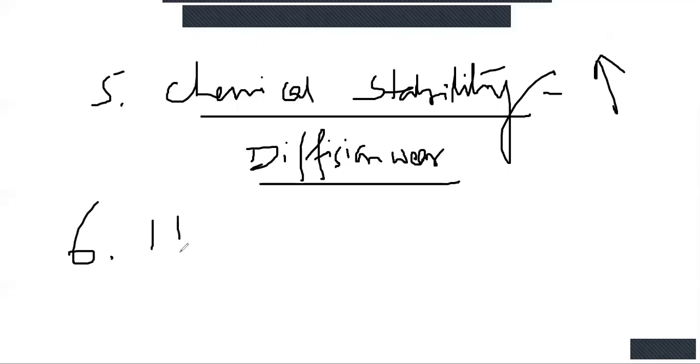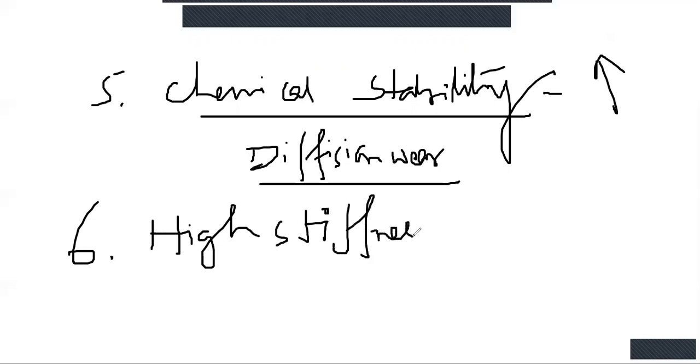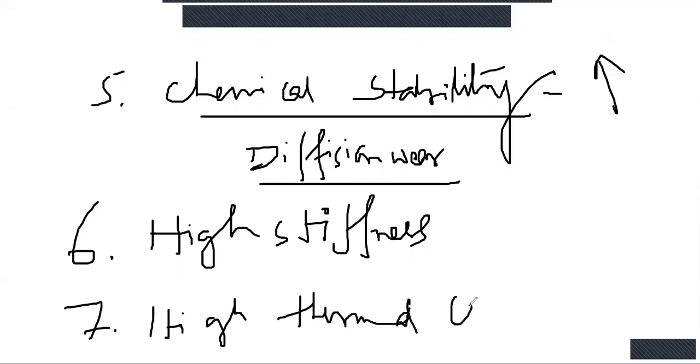Okay, six, high stiffness. We already know what stiffness is. It is the ability of a material to resist deformation. Okay, high thermal conductivity.